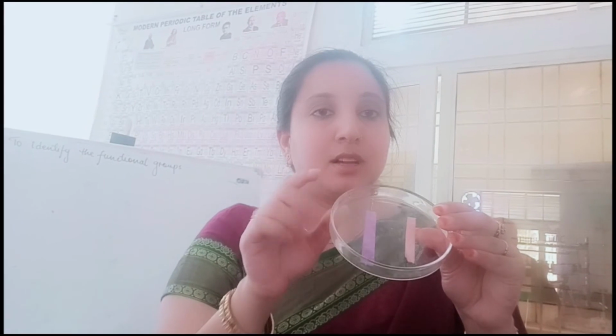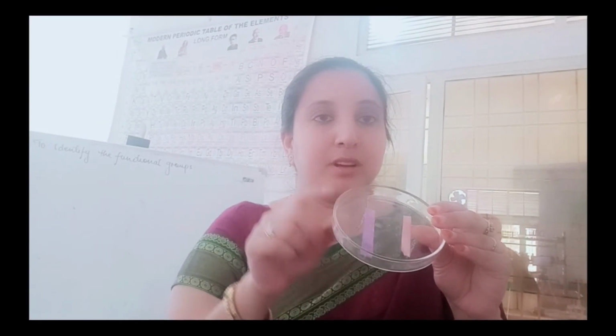Now, the next test which we are going to perform is to test whether in a given sample there is the presence of acid or not. This test is called the litmus test. Now, in this petri dish, I have taken both the litmus papers, the blue one and the red one.